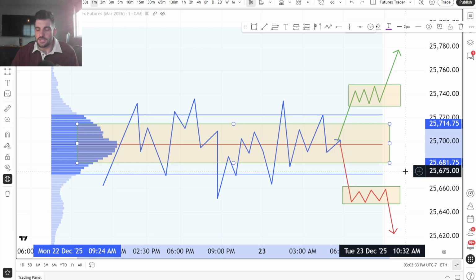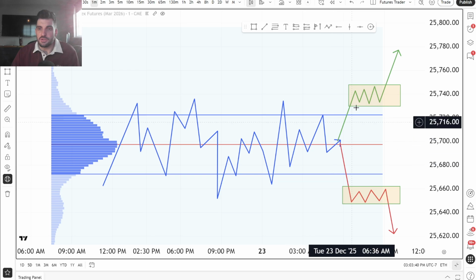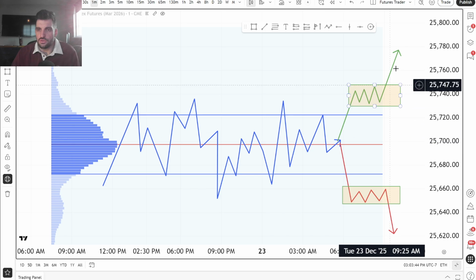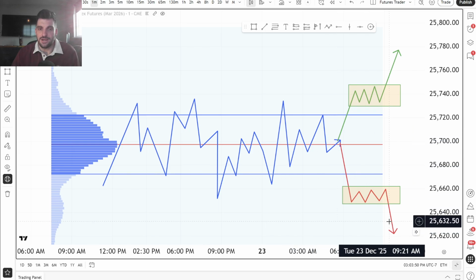All right. This is very, very important. In order for there to be a true breakout, we have to get the building of value outside of the prior value area, followed by continuation. This would be the model for the upside, and then this would be the model for the downside.